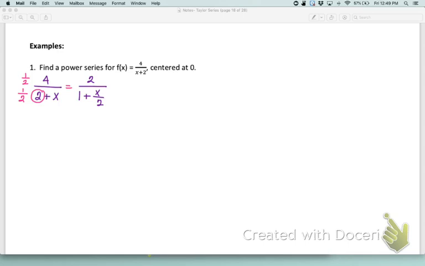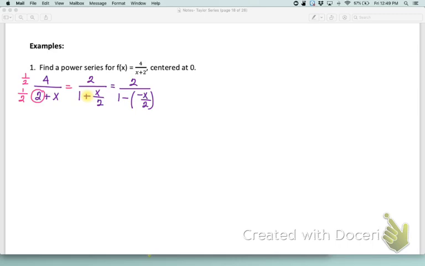The only thing that's not matching right now is that we need this to be a minus. And so sort of the little algebra trick that we use is the idea of subtracting a negative, giving us a positive. So I can rewrite this as 2 over 1 minus negative x over 2. And you can see that's still equivalent.